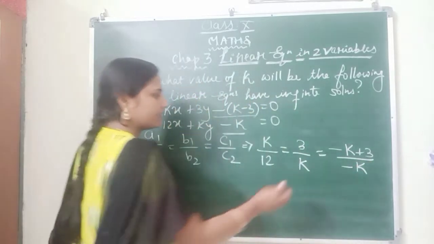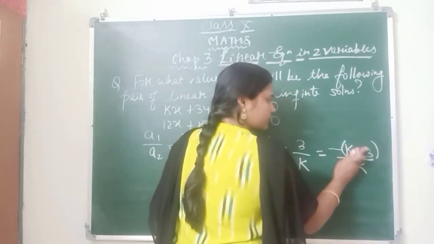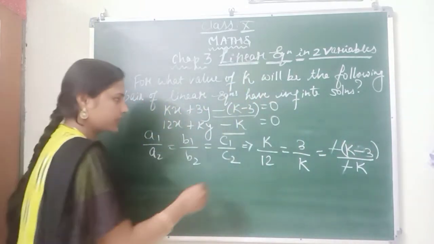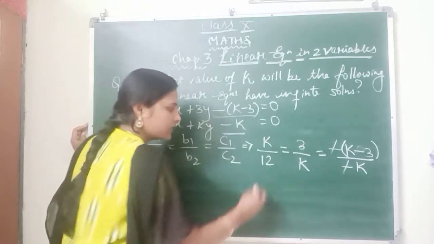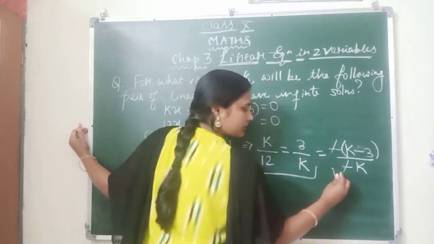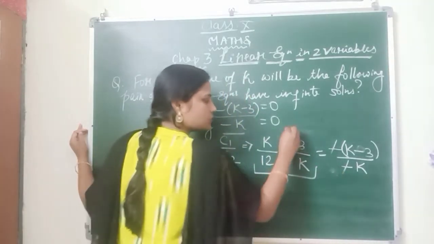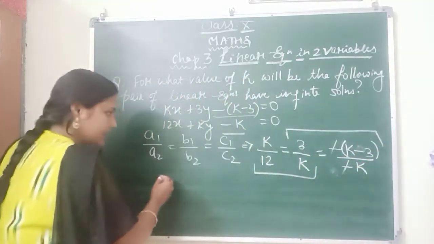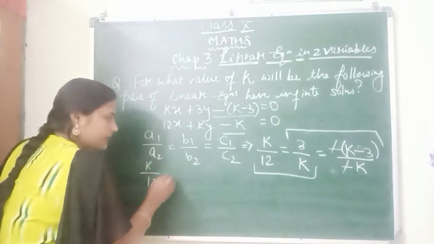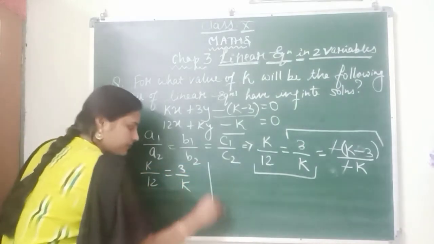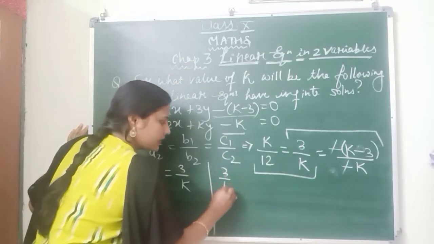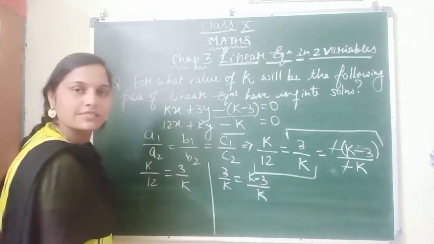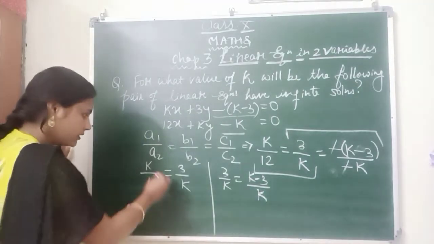Or you can leave the minus so that both minuses will cancel out. Now what you have to do is cross multiply the first two fractions and the next two fractions. One is k by 12 equals 3 by k, the other is 3 by k equals (k minus 3) upon k. The minuses cancel out.